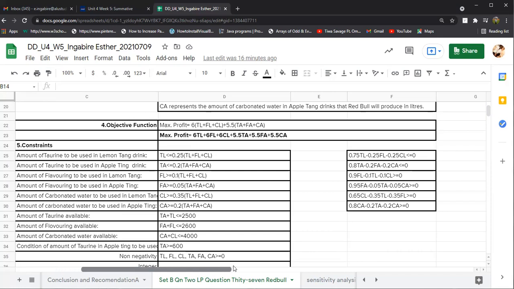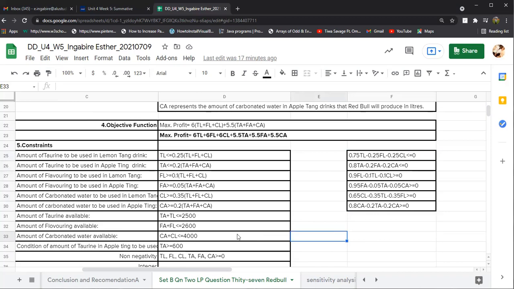Generating from that, if you multiply each term in the bracket, you come up with this equation, which is 0.75 TL minus 0.25 FL minus 0.25 CL. I did the whole process, and the equations which came out were these ones.